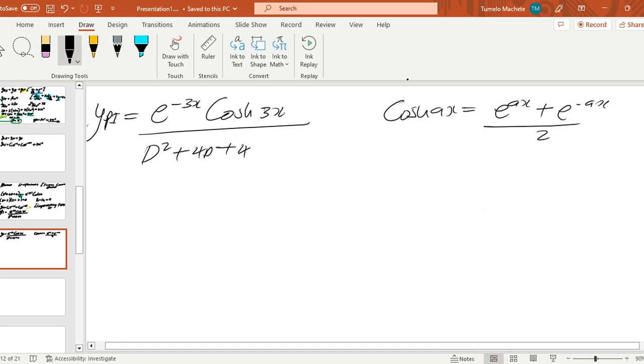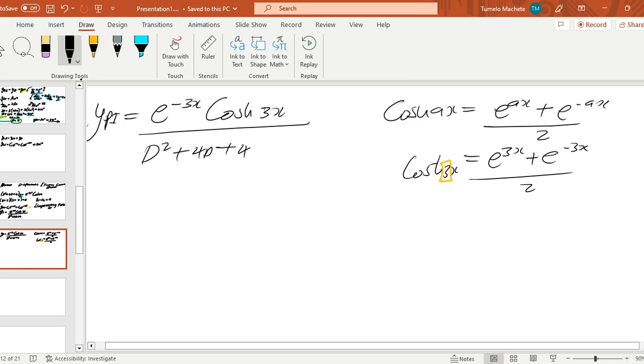So in our case, we'll have e to the 3x plus e to the minus 3x over 2. That's what we're going to have. So this one is cos 3x, so your a is equal to the 3 that is there.